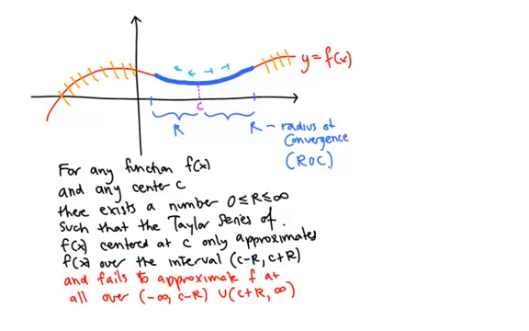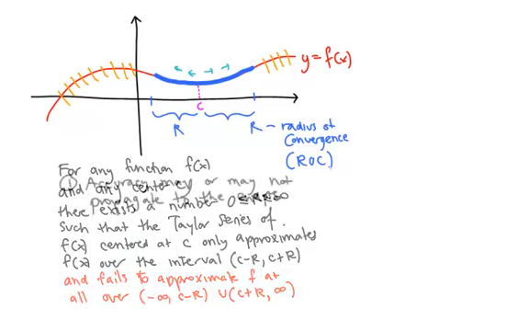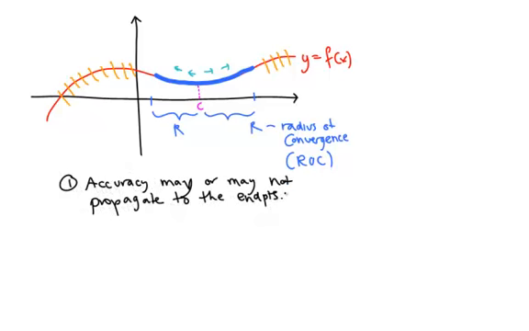Now there's a couple of things worth noting about the radius of convergence. Fact number 1. The accuracy of the Taylor series may or may not propagate to the endpoints. So, for example, you might have the Taylor polynomials accurately propagate what happens at the left endpoint c minus r, but it might fail to get a decent approximation at the right endpoint, c plus r.